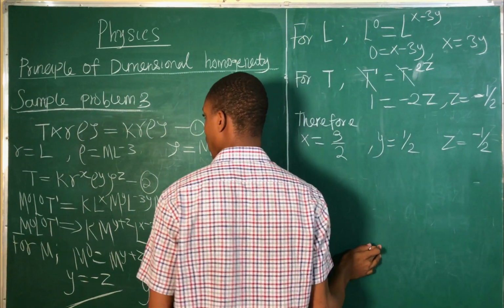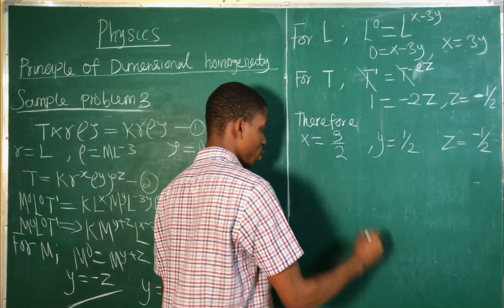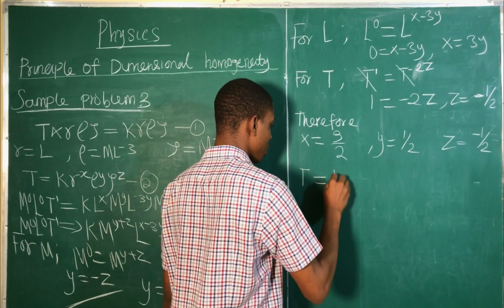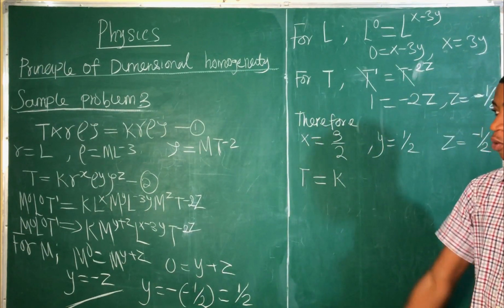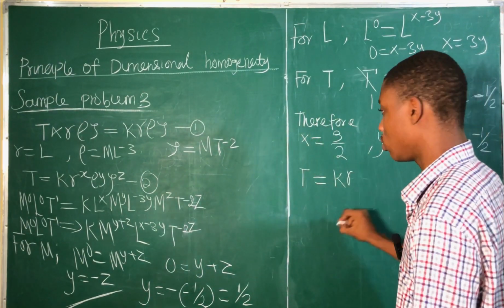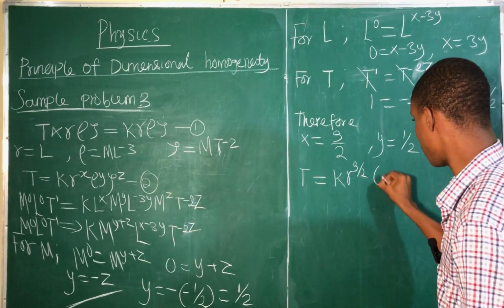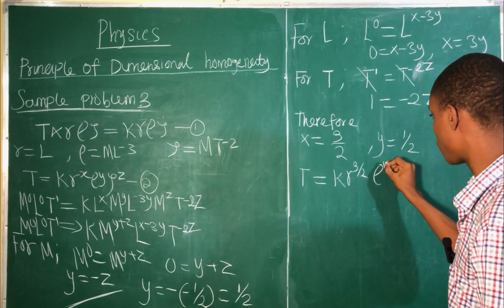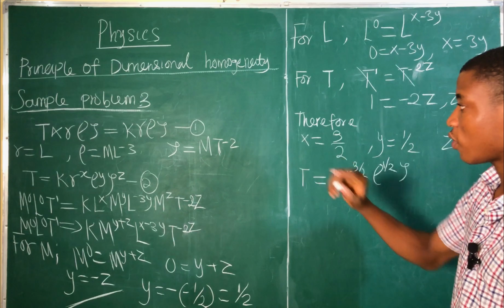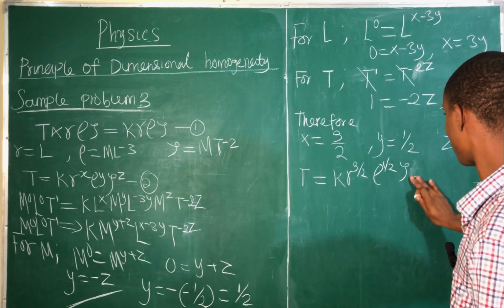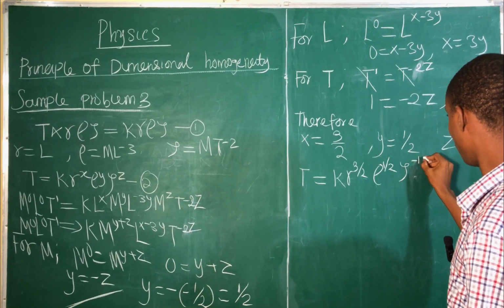So substituting these values into this equation, we have that the period of vibration T is equal to K, radius to the power X, which is 3 over 2, then the density, which is Y, 1 over 2, and surface tension, which is Z, negative 1 over 2.